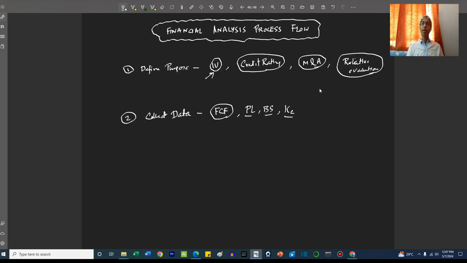To measure the cost of capital, you might need data like cost of equity and cost of debt. Cost of debt you can find out from the interest paid in the profit and loss statement. Cost of equity you can find out by calculating the risk-free rate, the beta, and the market premium, right? So these are all the different data that you need to collect when you are analyzing intrinsic value.